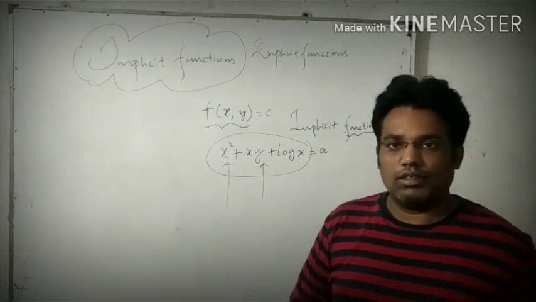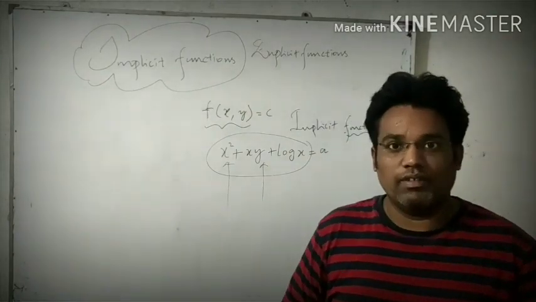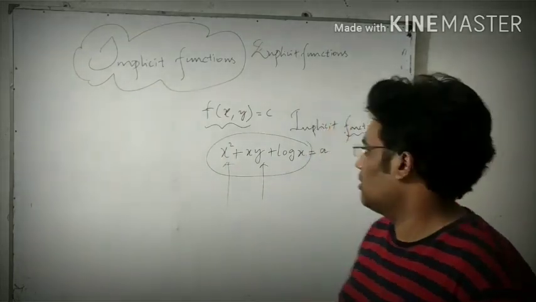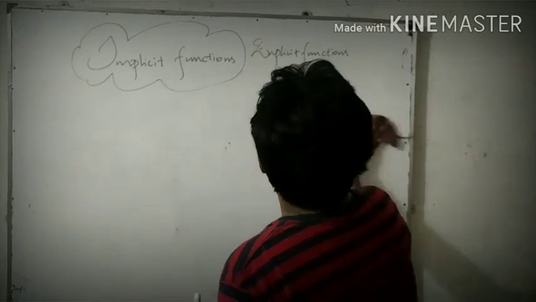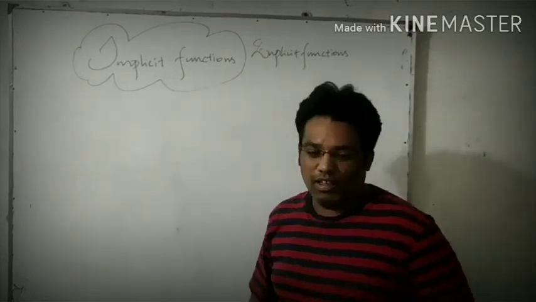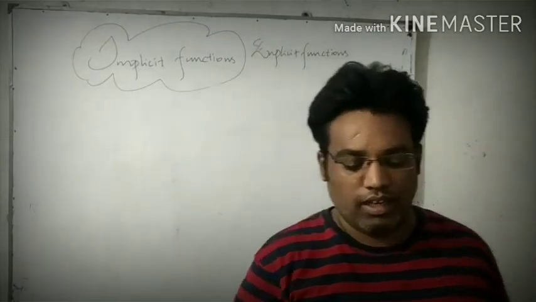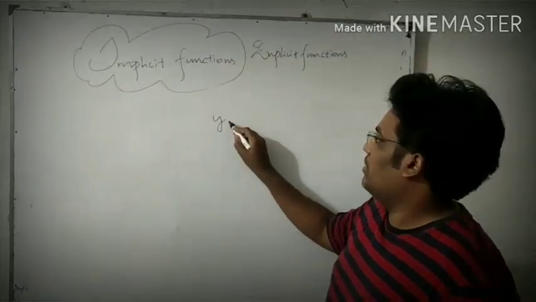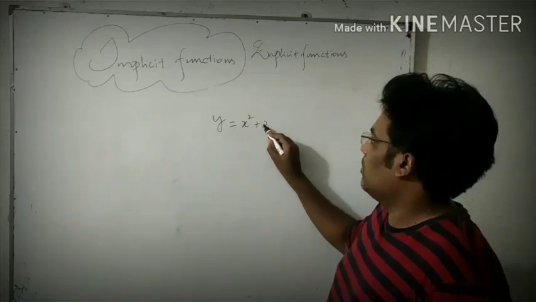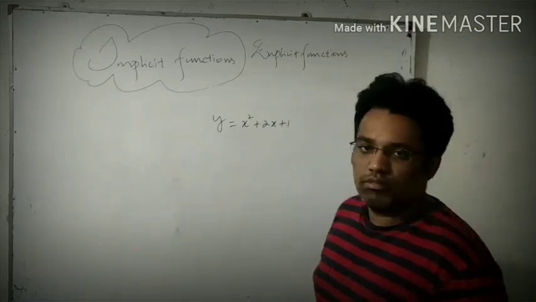Now in this session we'll learn how to differentiate implicit functions. Explicit is where x and y are clearly on different sides, like when you have y is equal to x square plus 2x plus 1. This is an explicit form.